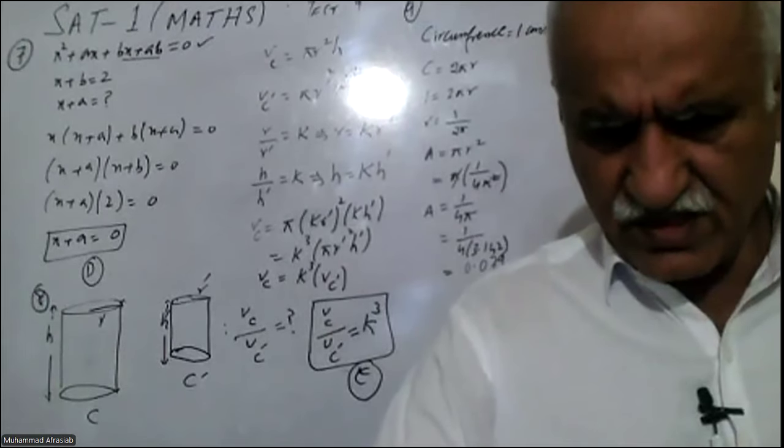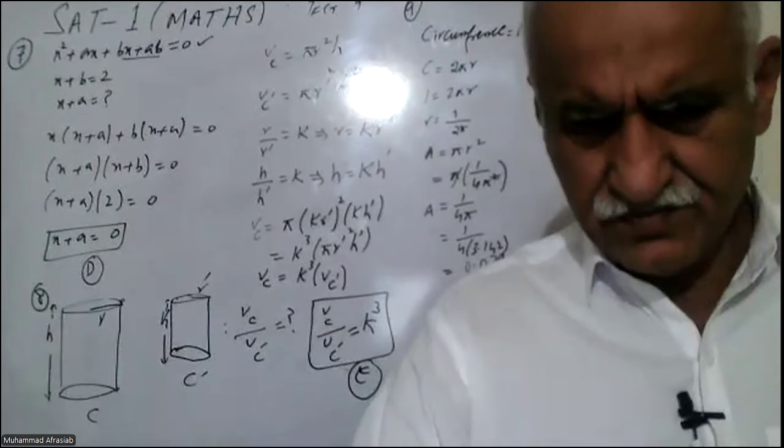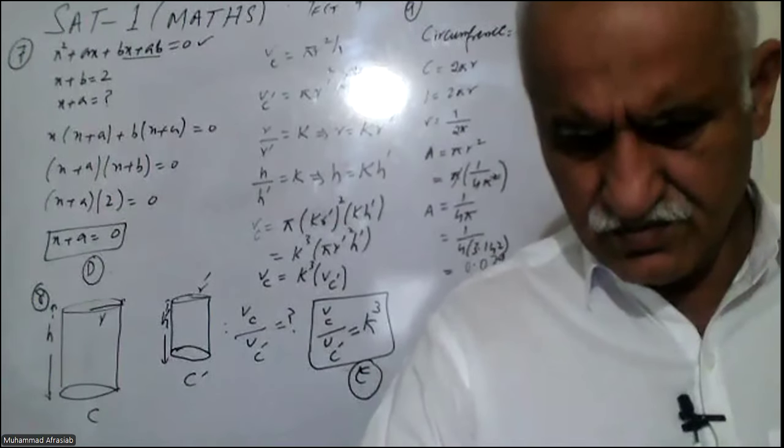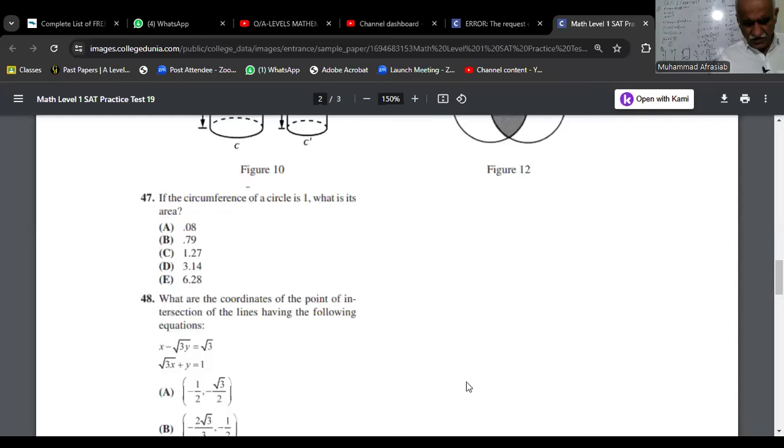And now we have to look at the answers. 0.079 is basically equal to 0.08, and that is the answer, choice A. Next, question number 10.